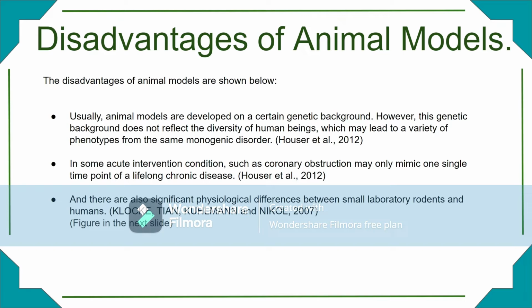However, this genetic background does not reflect the diversity of human beings, which may lead to a variety of phenotypes from the same monogenic disorder. And second, in some acute intervention conditions, such as coronary obstruction, the model may only mimic one single time point of a lifelong chronic disease.